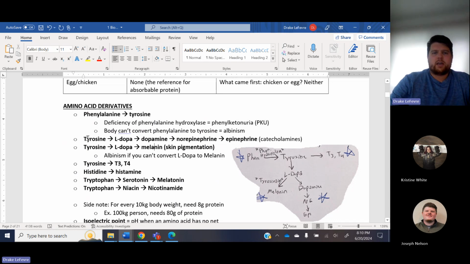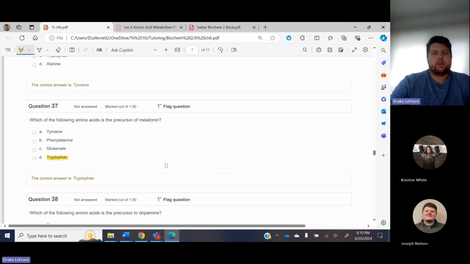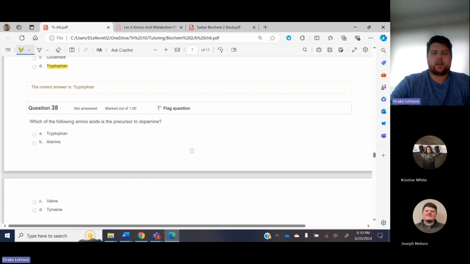So tyrosine is responsible for making the melanin. Tyrosine is responsible for making our catecholamines: dopamine, norepinephrine, epinephrine. Tryptophan does our serotonin, melanin, and melatonin. The body naturally makes melatonin for our circadian rhythm type stuff.